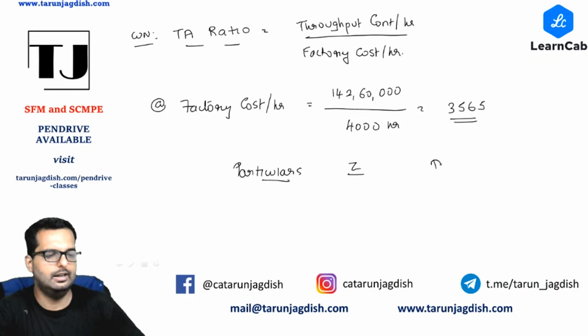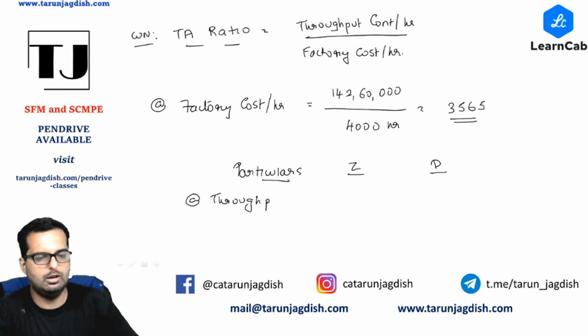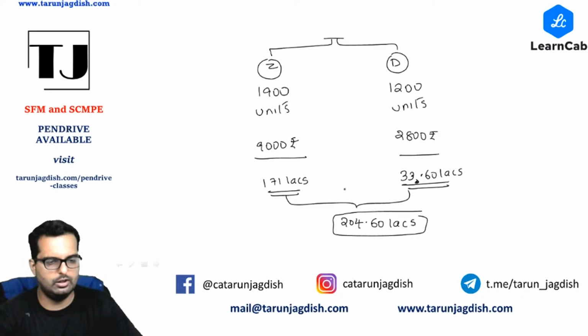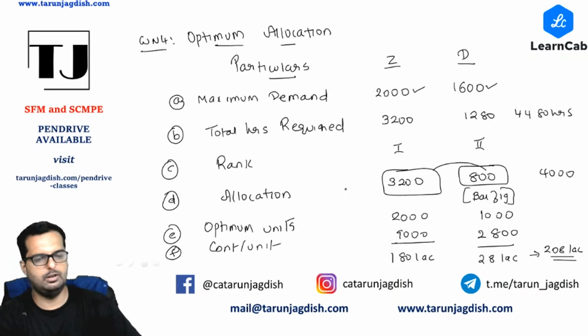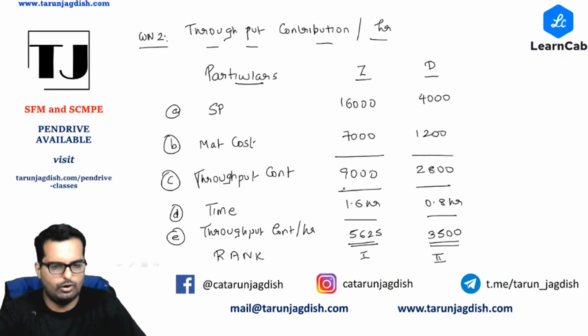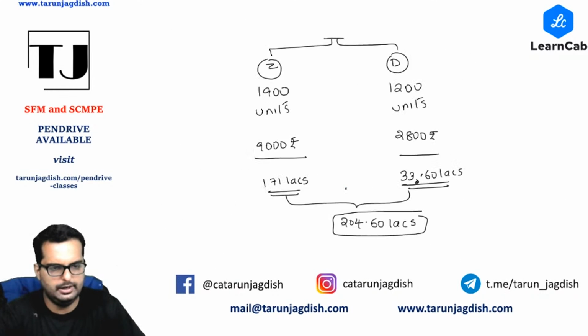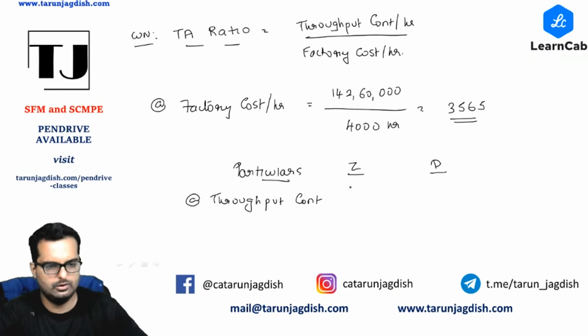Particulars, Z and D. Point number A would be throughput contribution per hour. What is the throughput contribution per hour that we already got earlier? Was it 5625 and 3500? 5625 and here it is 3500.